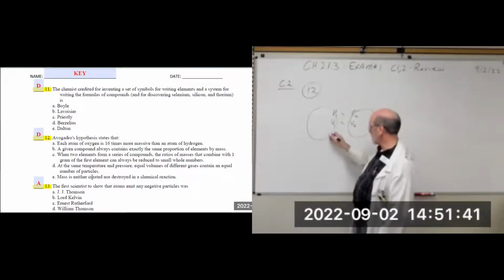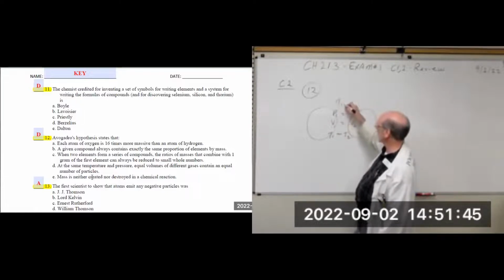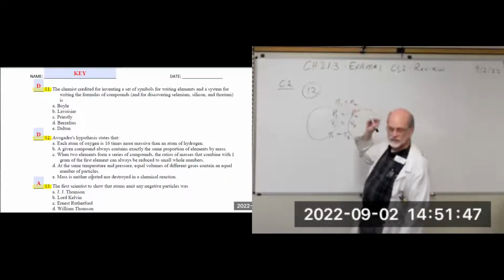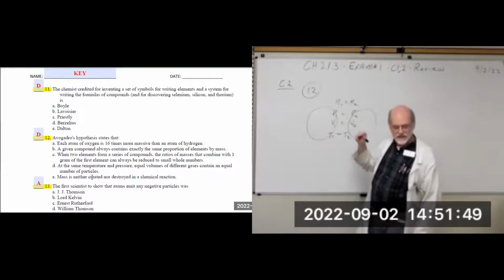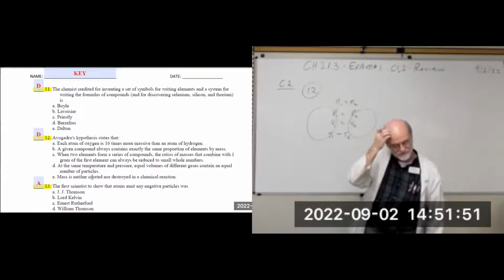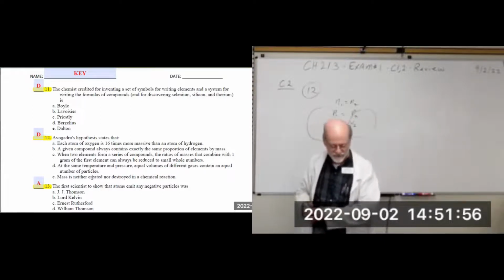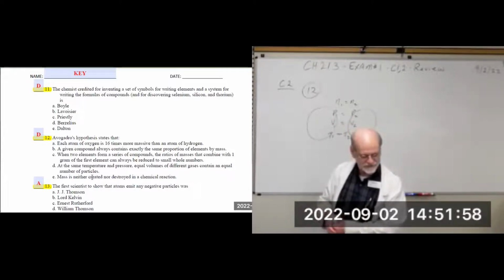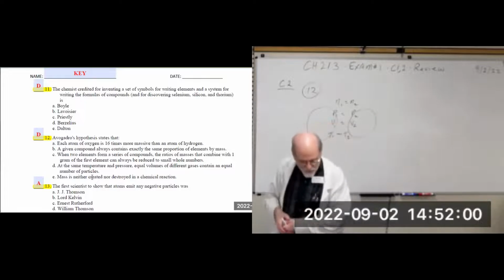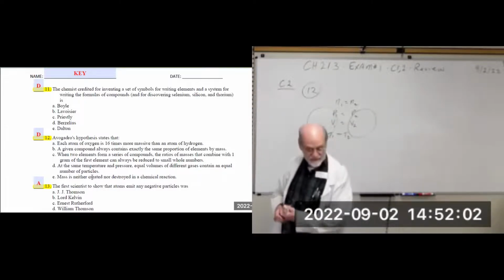Their temperatures are equal, and the number of particles in each must also be equal. That's Avogadro's law. Well, they call it a hypothesis here, but it's pretty well established. And the one that answers that question is D.